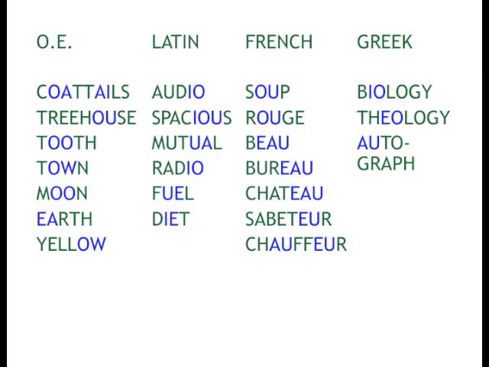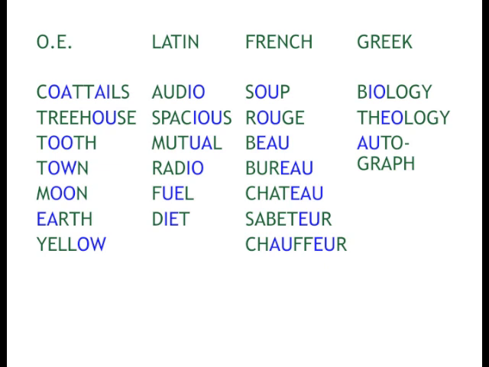First, we'll look at some vowel differences. In words of Old English origin, two vowels together often work together to make a sound, as in coattails, treehouse, tooth, town, earth, yellow. In Latin, usually there is only a single vowel, but when two vowels are together in Latin, they will often divide between the vowels, with each making a sound, like in audio, mutual, fuel.